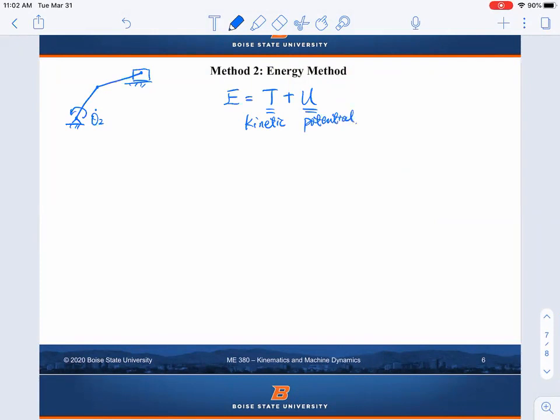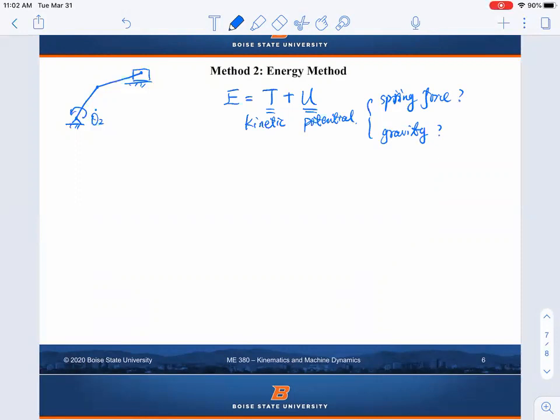For this class, when we talk about potential energy, we're only looking for 2 things: any spring force, or any gravity. In practice, there are multiple ways to store energy.